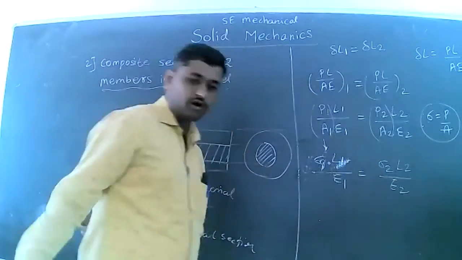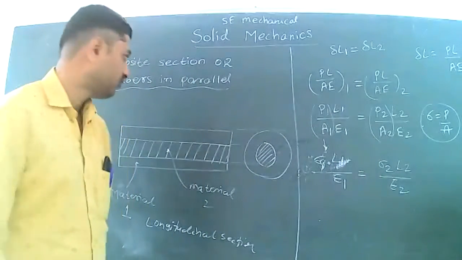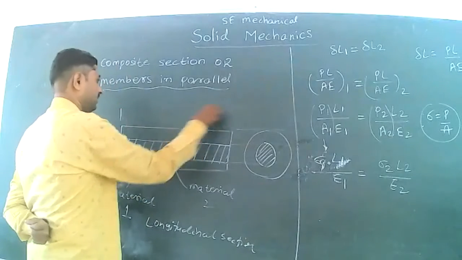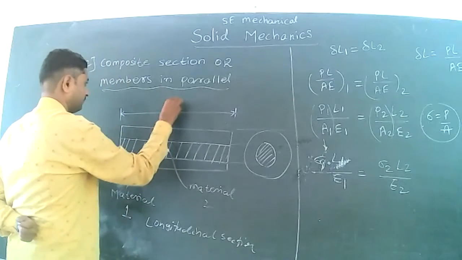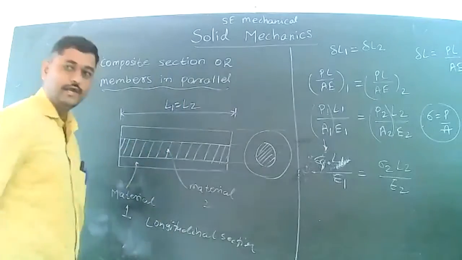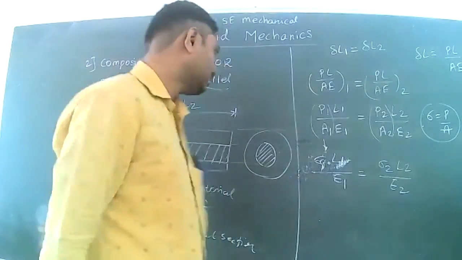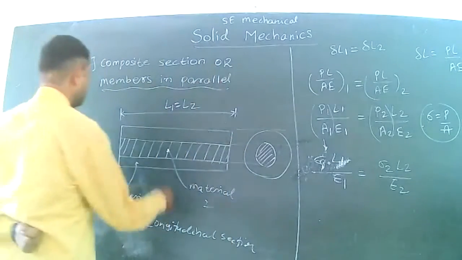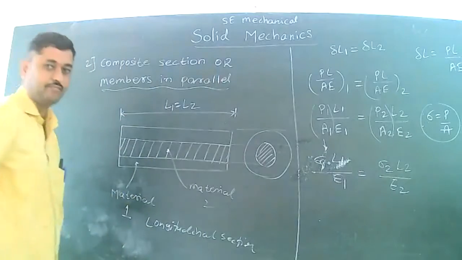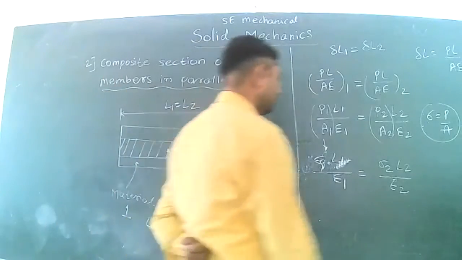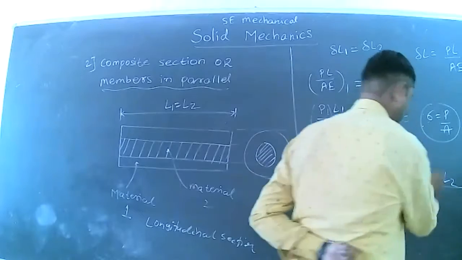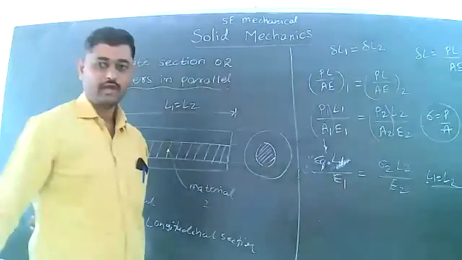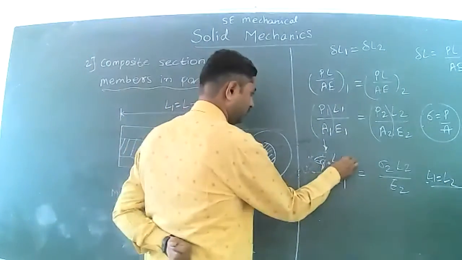Again, for a composite section, the lengths of the materials are the same. Here L1 is equal to L2.